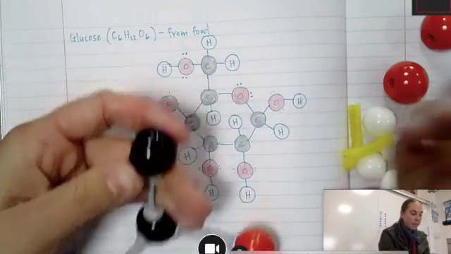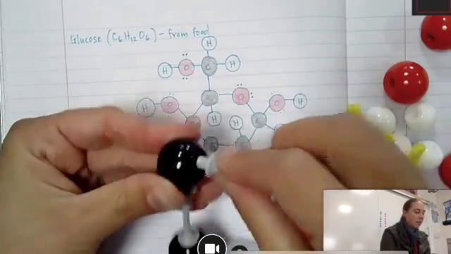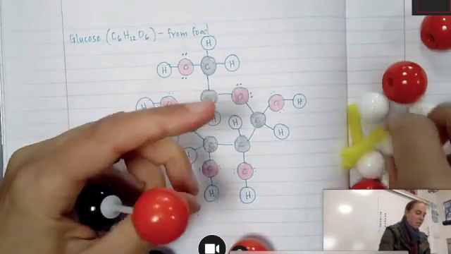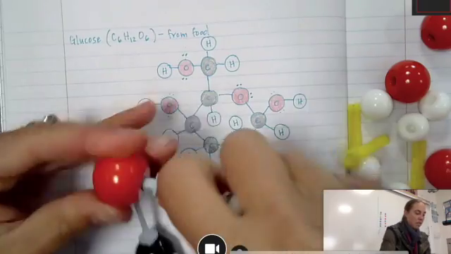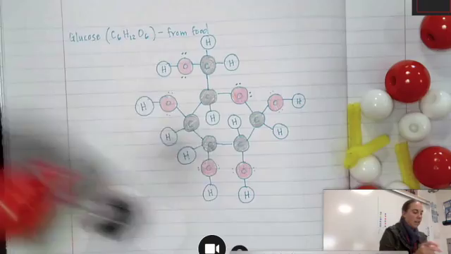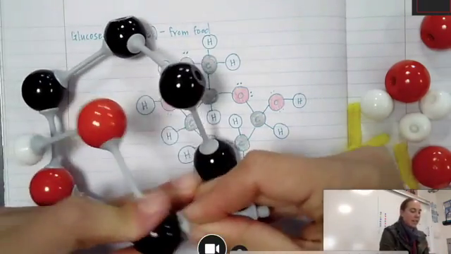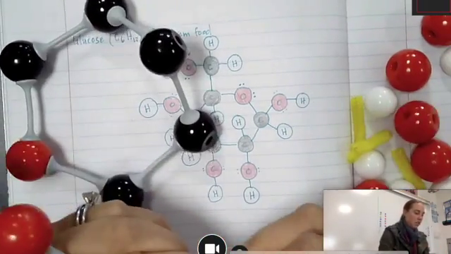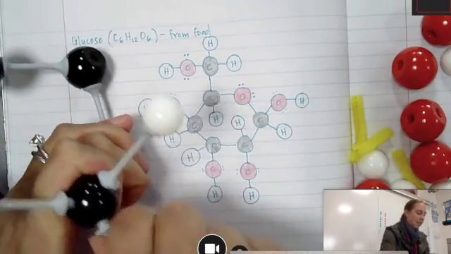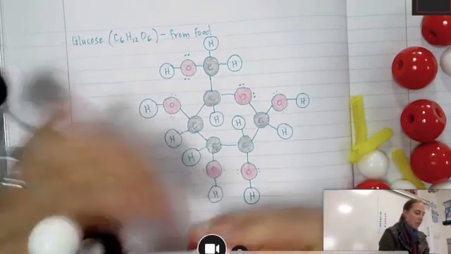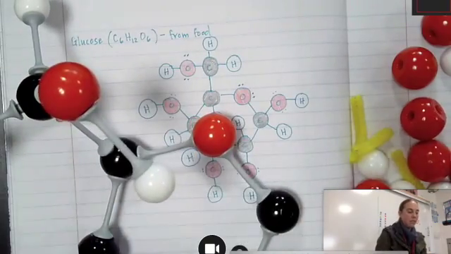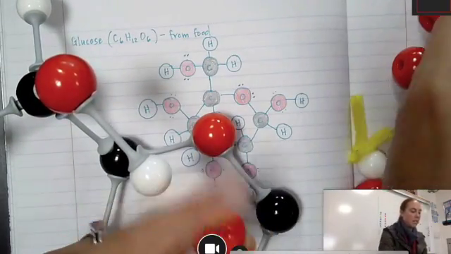All right, now I'm going to start building this top part here. So my carbon is bonded to an O, bonded to an H. And then on the other side, I've got an H and another H. All right, so we've got that there. Now, as I go around, I know that I'm going to have some OHs.